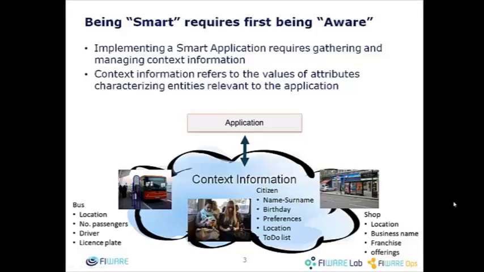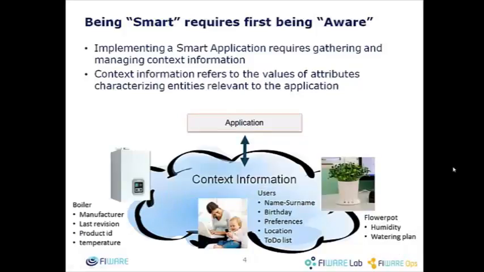This context information concept allows you to treat the context information from a standard point of view. This is very helpful because when you implement a smart application, you need to gather and manage context information. As I was saying, context information refers to the values of attributes that characterize entities that are relevant to the application.